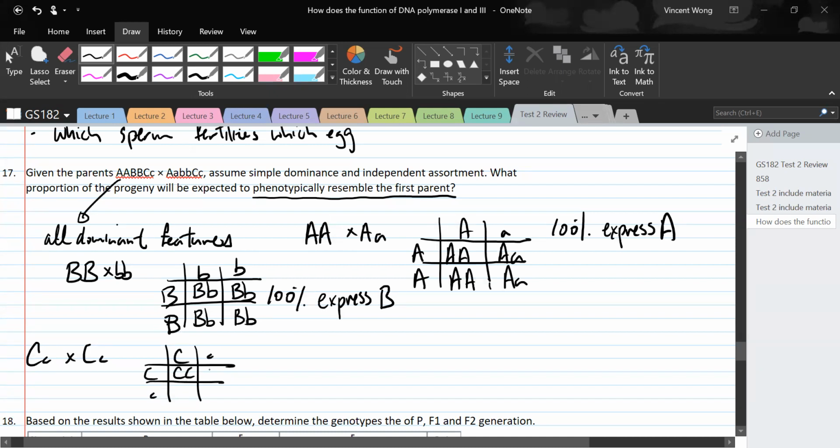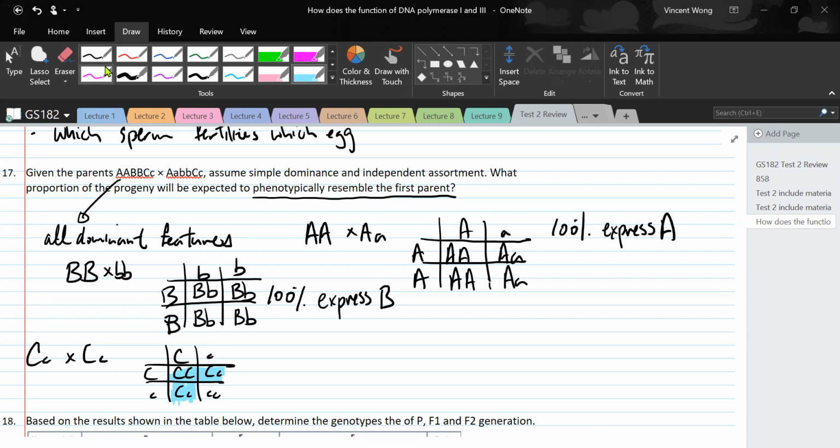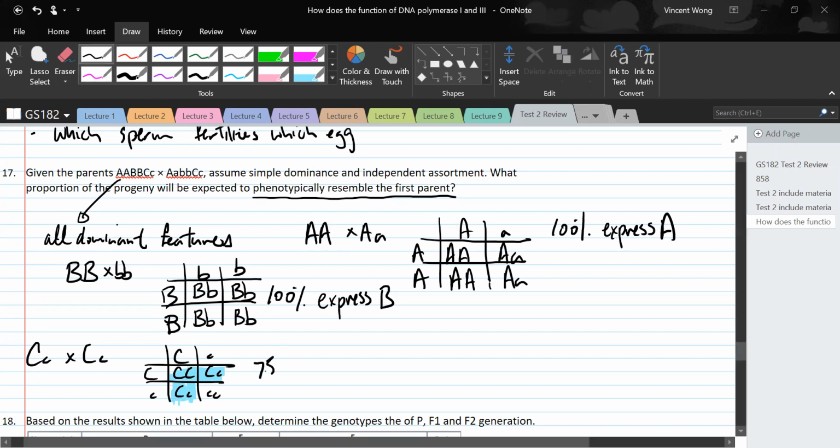Okay. If you do the Punnett square, you will see there's a 75% chance to express big C. Right.